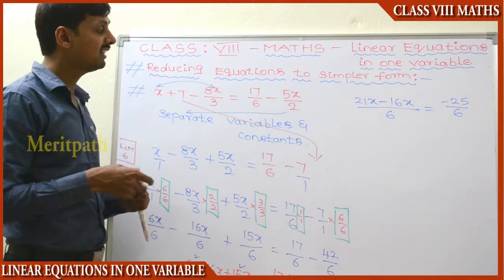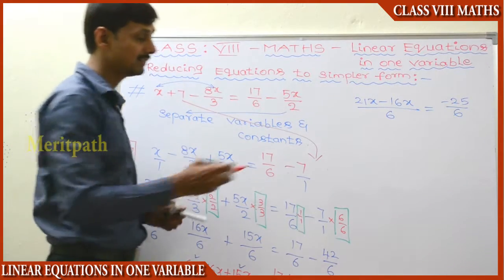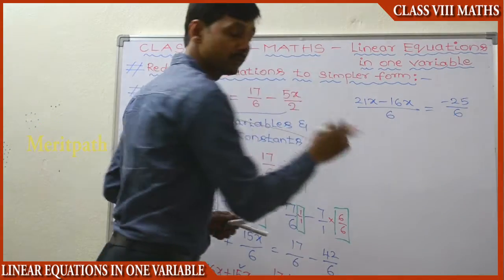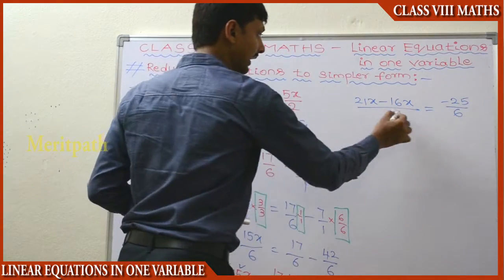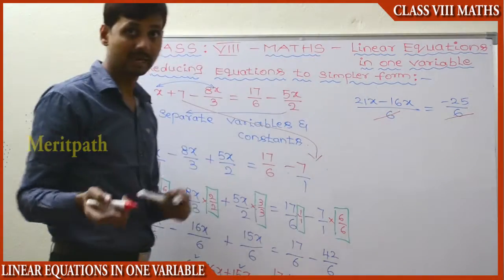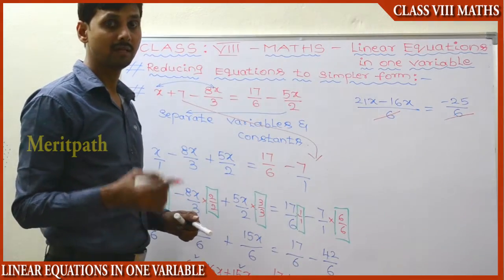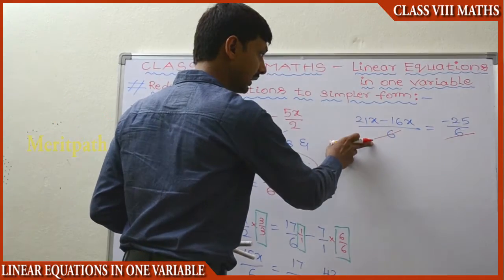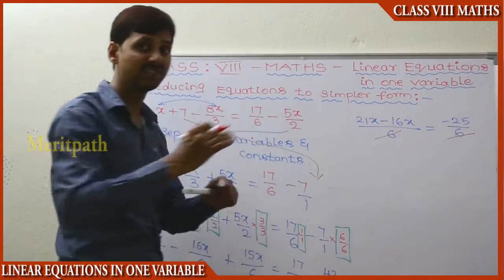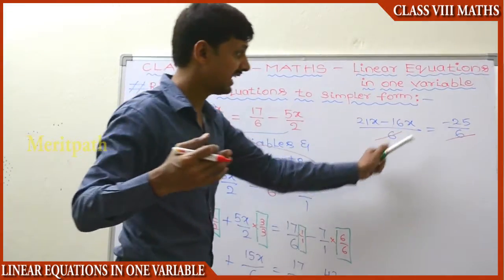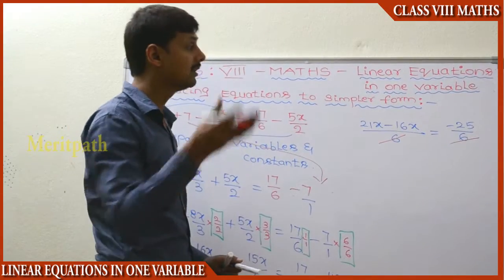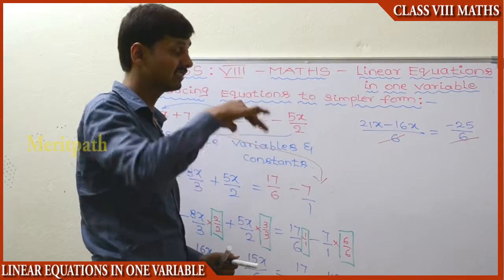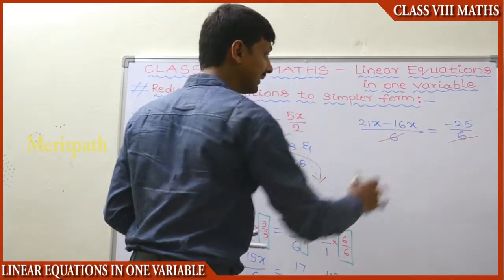So when we transpose this 6 to the right hand side, it becomes a numerator. So numerator and denominator will be cancelled. So let's cancel directly on both the sides of the equation. 6 and 6 are getting cancelled. When we transpose this 6 to the right hand side, it becomes 6 by 1, 6 by 6. So 6 gets cancelled.